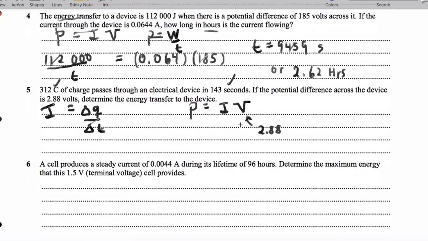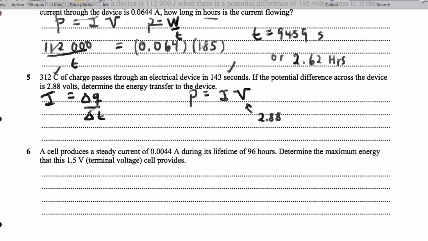And then here, once again, we've got a current and a voltage, so we'll use power equals current times the voltage, and then you'll have to times this by the time. And then the power times your time is going to be the energy you use up.